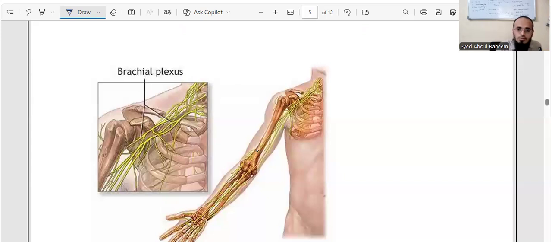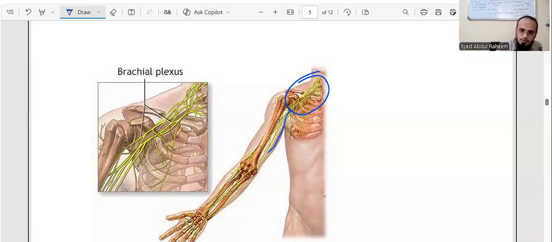From there they enter the brachial plexus and divide into the lateral part and medial part, and go into the arm, forearm, wrist and hand like this.